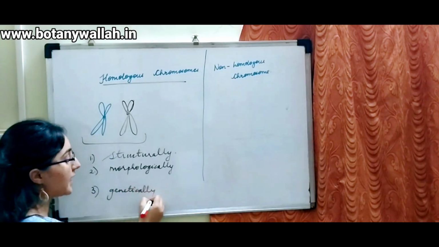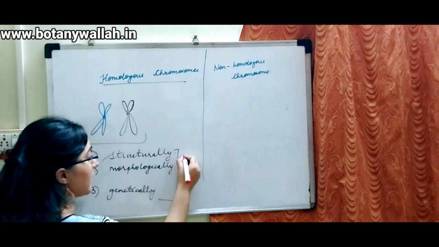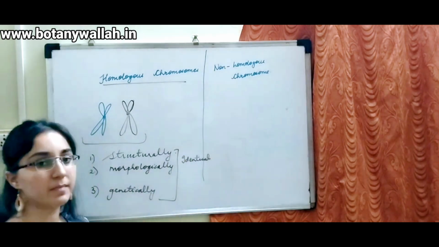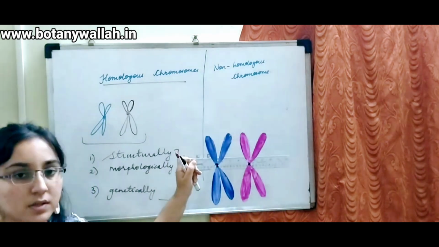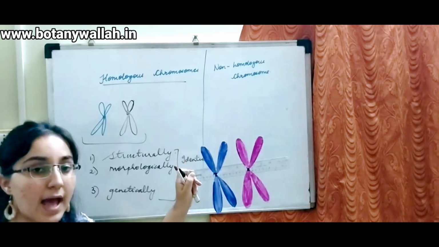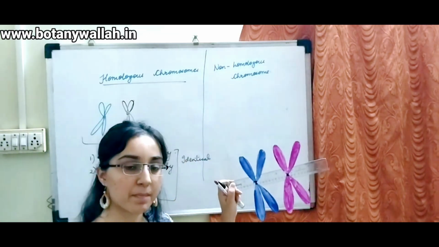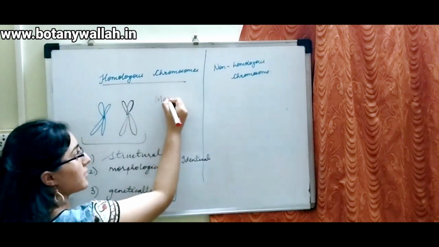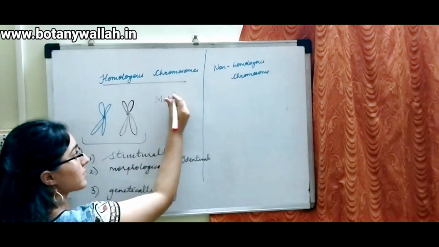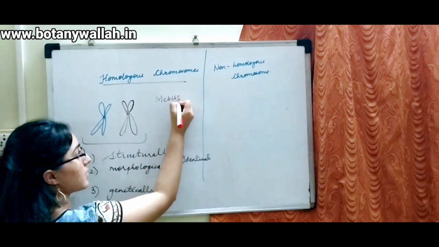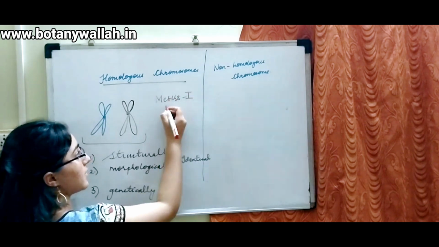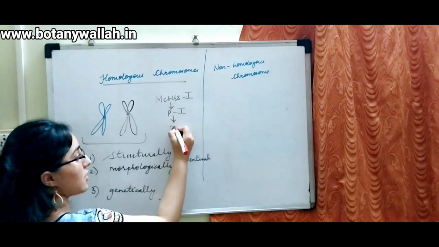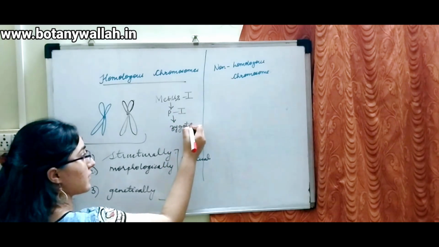They are identical. Such chromosome pairs are known as homologous chromosomes. And these chromosomes pair during meiosis 1, and that also in prophase 1, in the zygotene stage.